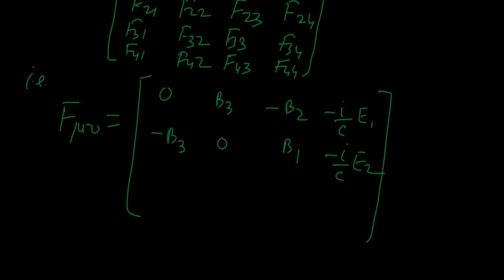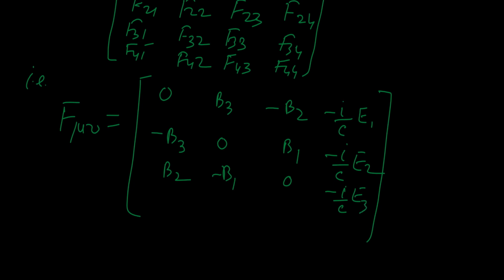Now there is F31, see here, F31 is simply B2. F32 will be equal to minus F23, and so it will be minus B1. Again F33, indices are same, so it will be 0. And F34, this is minus F43, and so it will be minus i over c E3.